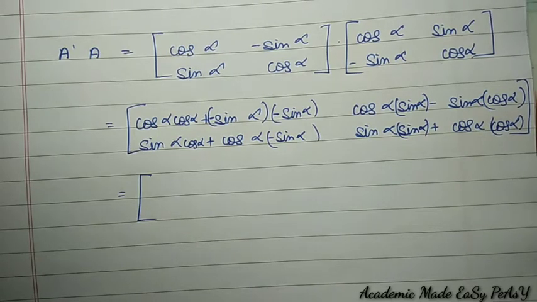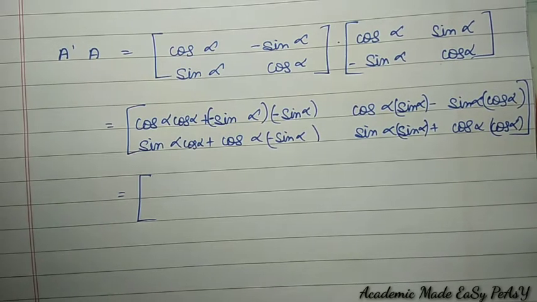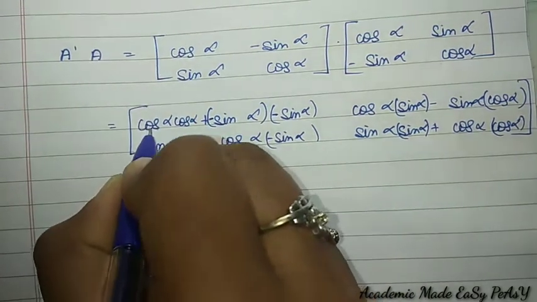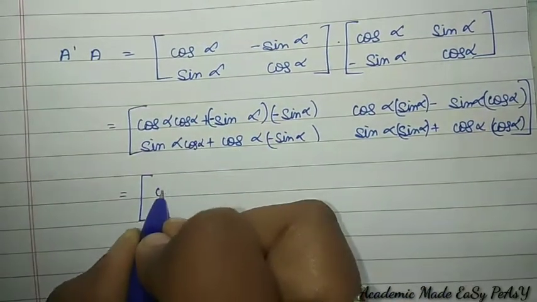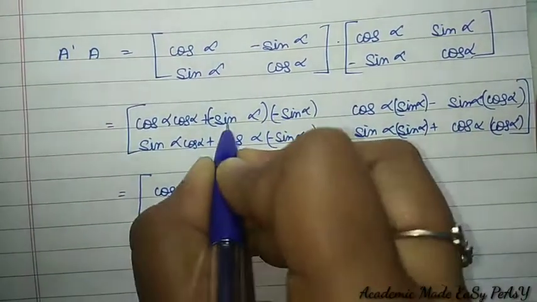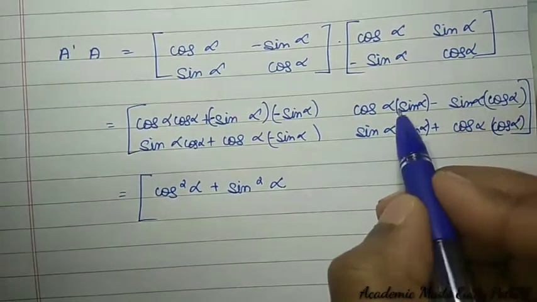So we have to be very, very careful, and we also know beforehand that it is going to be 1 and 0. Here it is cos alpha into cos alpha is cos square alpha, minus into minus plus, sin alpha into sin alpha is sin square alpha.